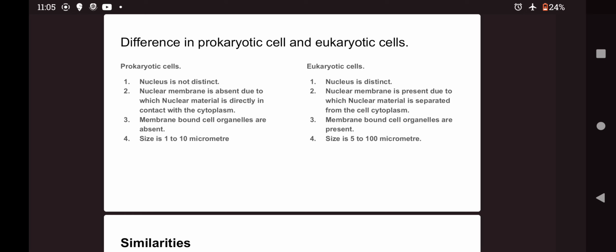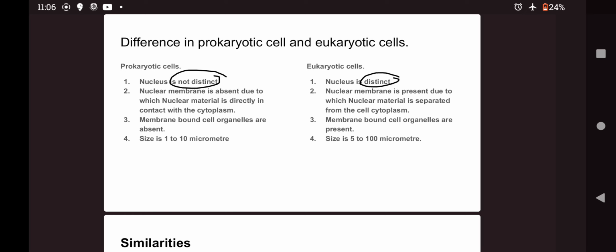So the first point: in prokaryotic cell the nucleus is not distinct, but here the nucleus is distinct. That means in prokaryotic cell the nucleus is not well developed, it does not have a nuclear membrane. But in eukaryotic cell, the nucleus is completely developed, with a nuclear membrane around it, and its genetic material is completely separated from the cell cytoplasm.